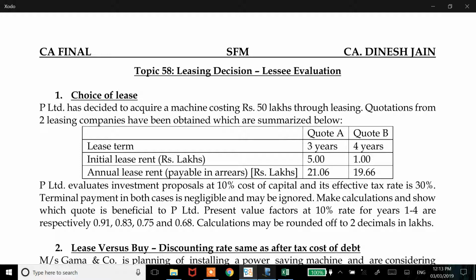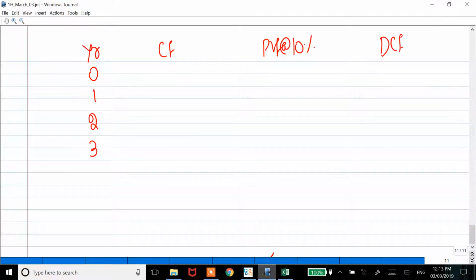So the net calculation is nothing but: year 0 is 5 lakh. So let's write year 0 is 5 lakh.